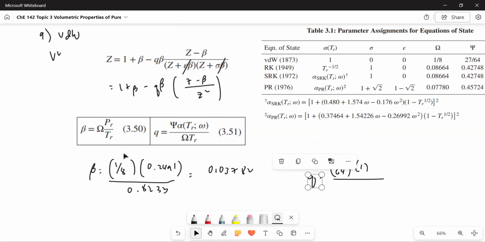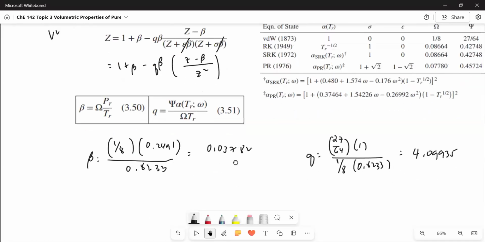We move that and also this one. So it's psi over omega, which for Van der Waals is 1/8 times PR. PR is 0.8233. And what you will get is 4.09935.